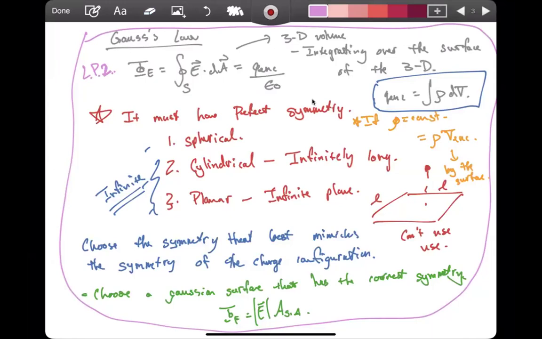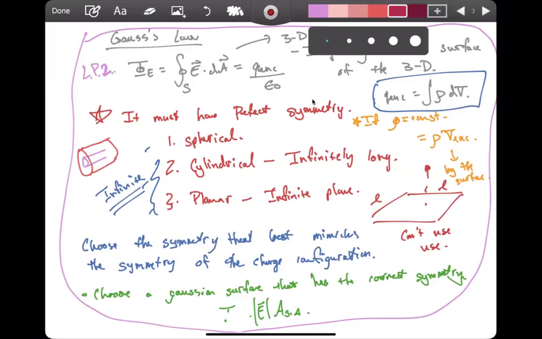We did some examples like that, for example, the one where we had a cylinder with some charge distribution, and then shrouding that guy was another cylinder, maybe hollow in this case, which also has a different charge configuration. Then you've got to find the electric field on the inside of this one, in between the two.